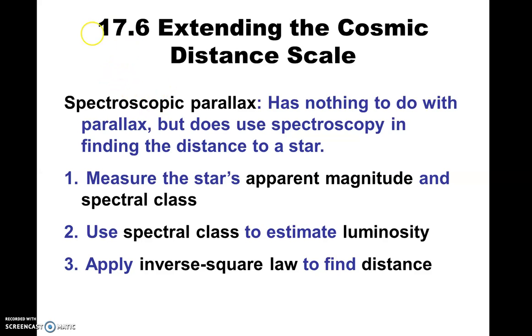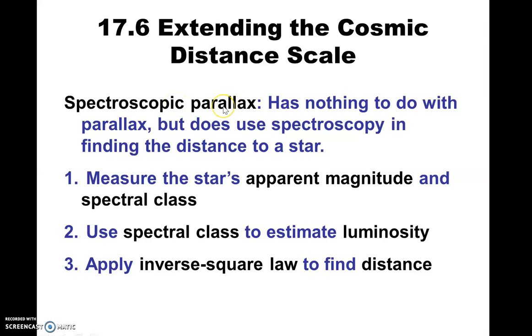So we use this method called spectroscopic parallax, which, as it says right here, is a really bad name. That's the first thing that you should know about it. It has nothing to do with parallax, right? A better name would be spectroscopic distance measurements.